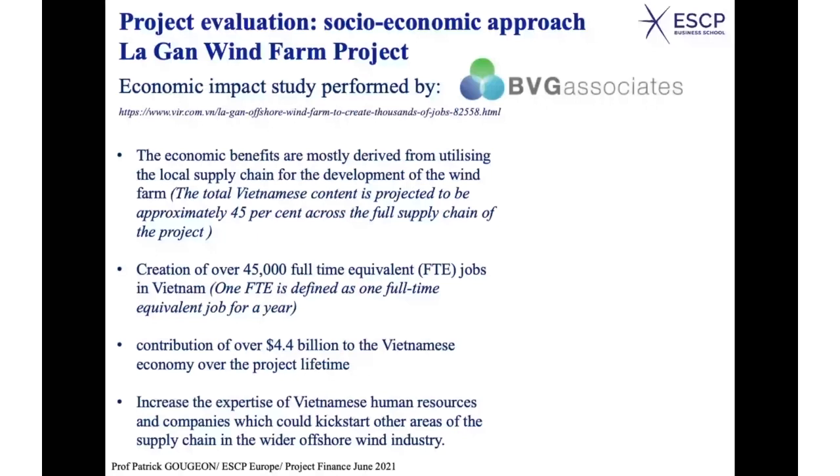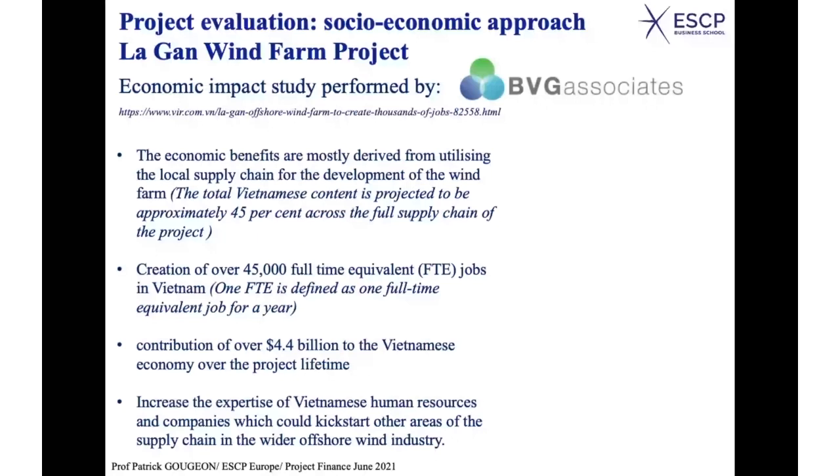And the last positive externality, which is good to mention here but not that easy to assess or measure, is an increase in expertise of Vietnamese human resources, which could kickstart other areas of the supply chain in the wider offshore wind industry, meaning that in the future, maybe some local companies could be leaders on the development of that project with less contribution of foreign companies. So it's an increase in the expertise and know-how in Vietnam.